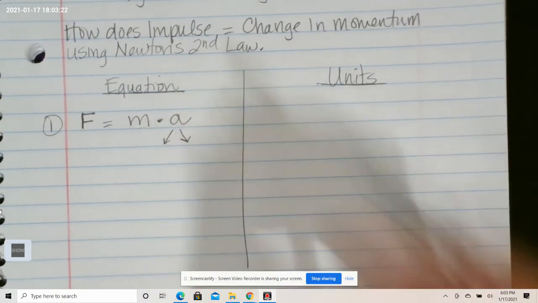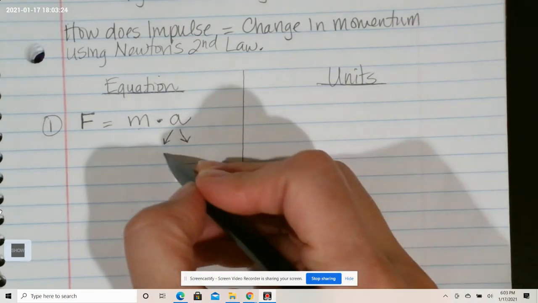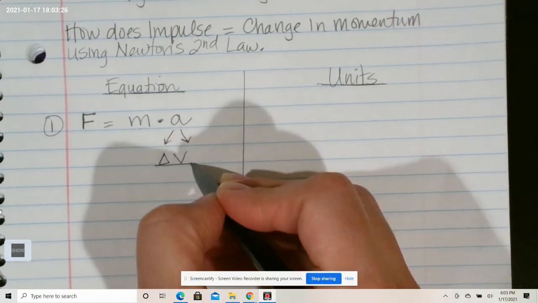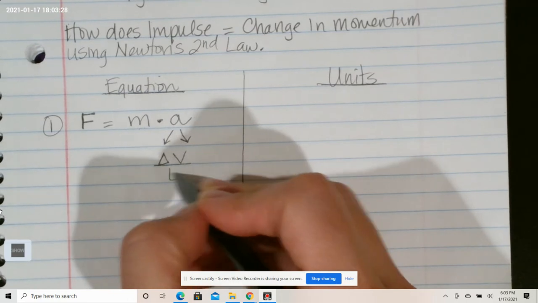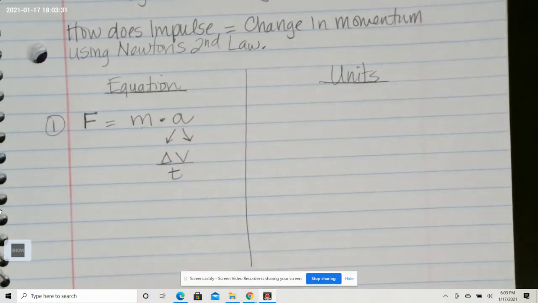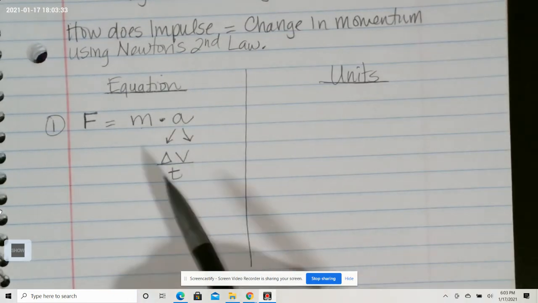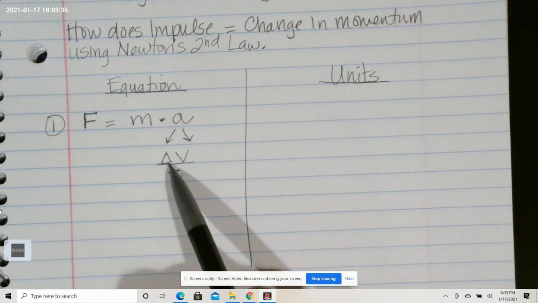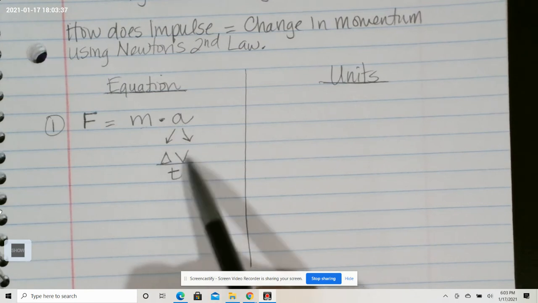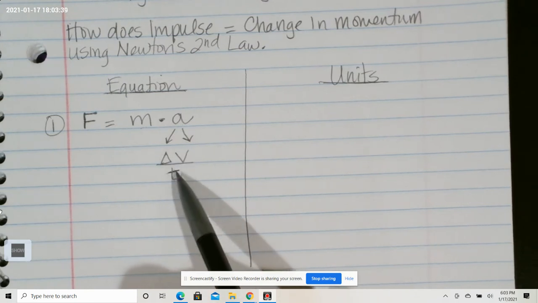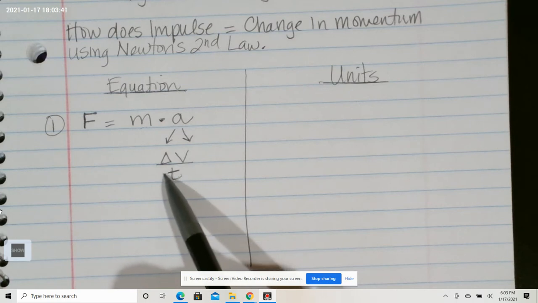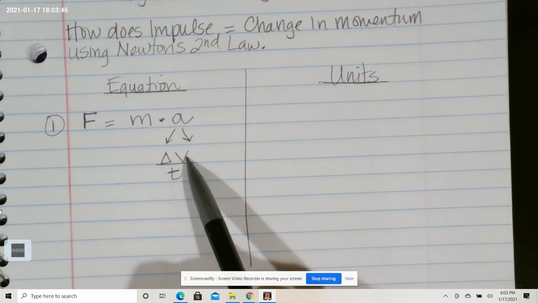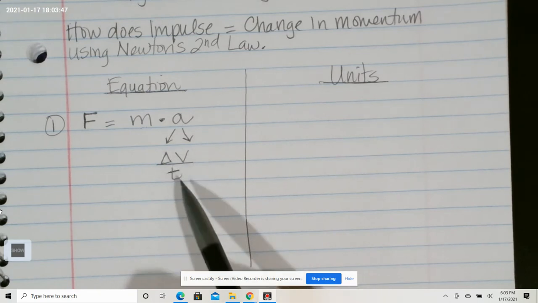So acceleration is going to equal the change in velocity over time, remember? Because we did that at the beginning of the year. We did acceleration, which is final velocity minus initial velocity. That's the change in velocity over the amount of time. So if I'm getting on the freeway and I accelerate from 25 to 60 over a certain amount of time, that's my acceleration.